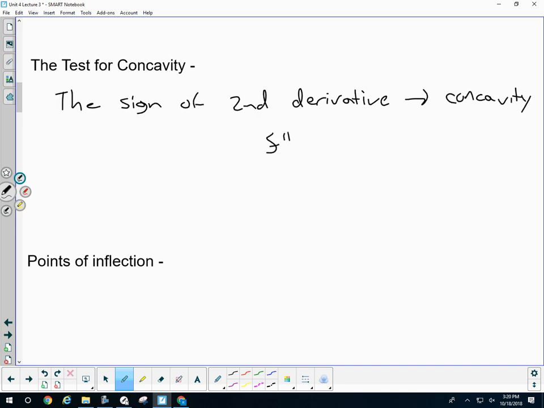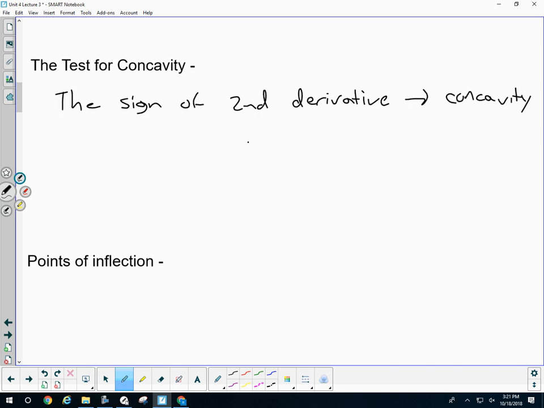I don't want to write f double prime because we might be asked about the concavity of just anything. Like, when is the velocity concave up? Which means you'd have to look at the second derivative of velocity, which is like the derivative of acceleration.